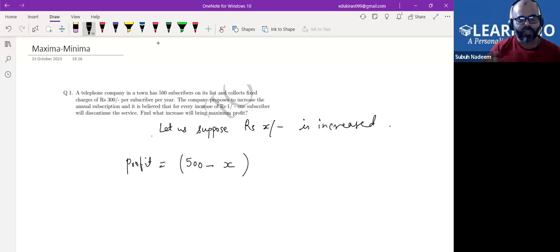So if we increase X rupee, the subscriber will decrease by X.